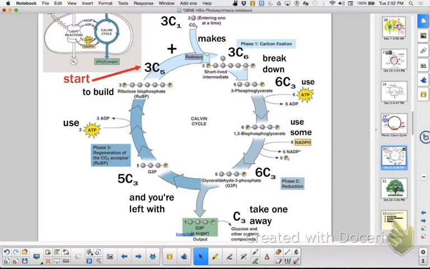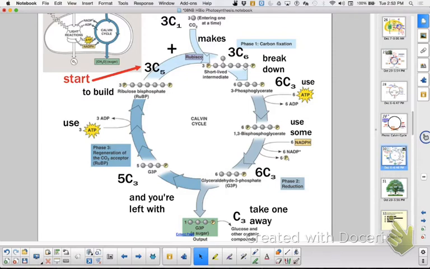Ready? Water, water, water, water, water. What are we going to do? Break it in half. What do we get? Oxygen and electrons. Sweep, sweep. Here comes the sun, traveling in waves. Particles of light are called photons. And it gets the electrons excited. PQ. And you make some ATP.